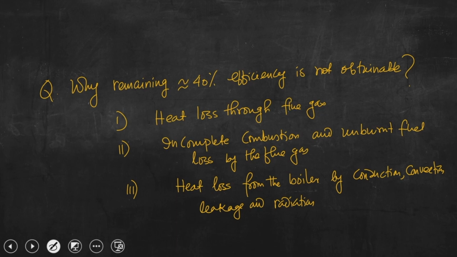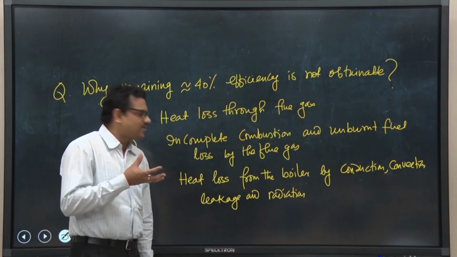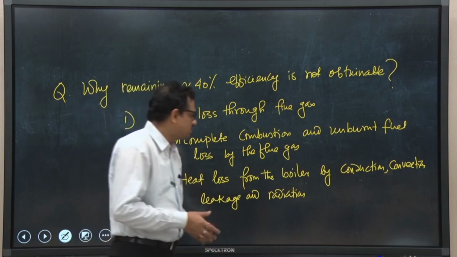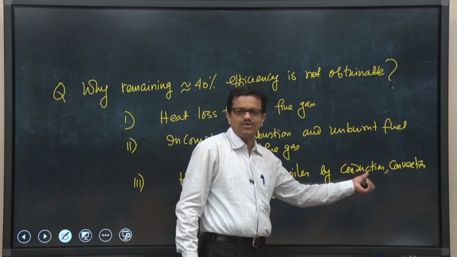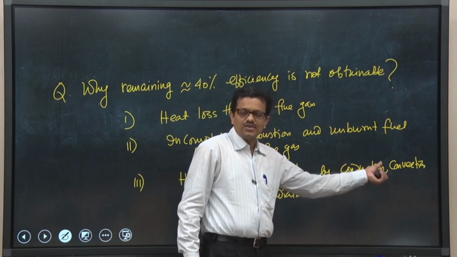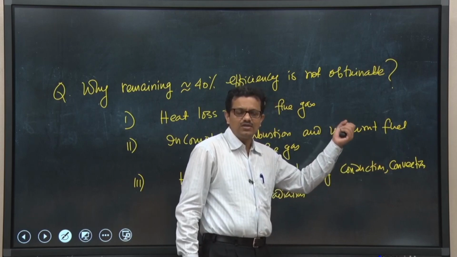And there is heat loss from the boiler, because when combustion is taking place inside the boiler, some amount of energy will be lost through several modes of heat transfer: conduction through the wall, and convection by the flue gas going out.